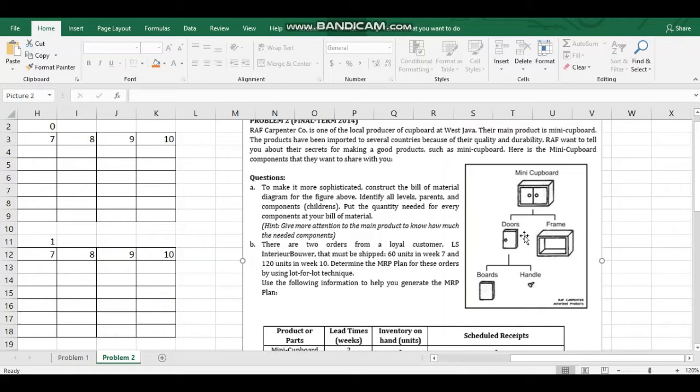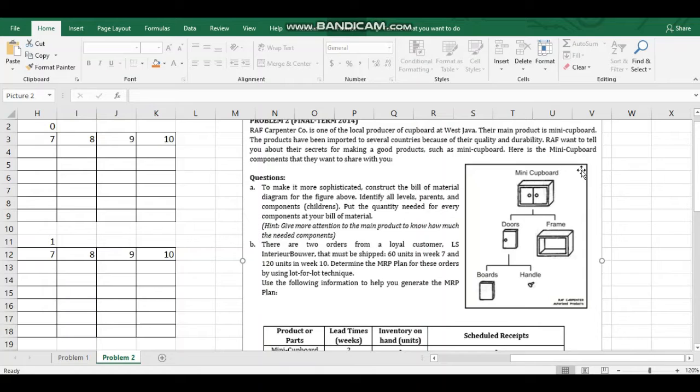And here we could see that doors have 2 components as well. They are boards and handle. So here doors could be a parent too for the boards and handle. So the boards and handle are the children of the doors, and they are on level 2.